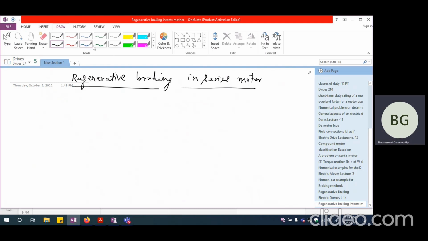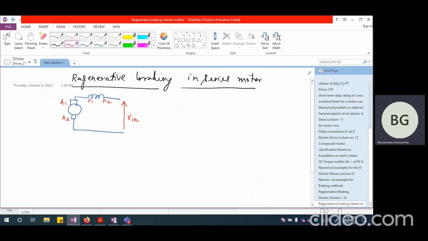So in the case of a series motor, as we all know, we are going to have this as the armature and this as the field. Both of them are in series with each other. So this is going to be F1, F2, and this is going to be A1 and A2, which are the armature terminals. And if I apply a voltage here, which is V, this is V in, input voltage.